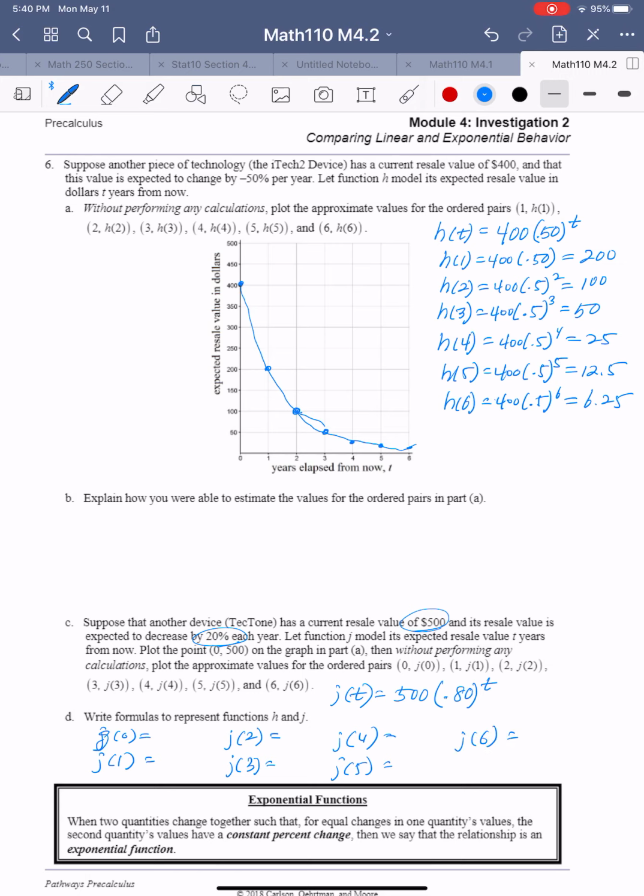Plug them in and find out. Exponential function means two quantities change together such that for equal changes in one quantity's values, the second quantity's values have a constant percent change; then we say the relationship is an exponential function. Okay, that's all. Thank you for listening.